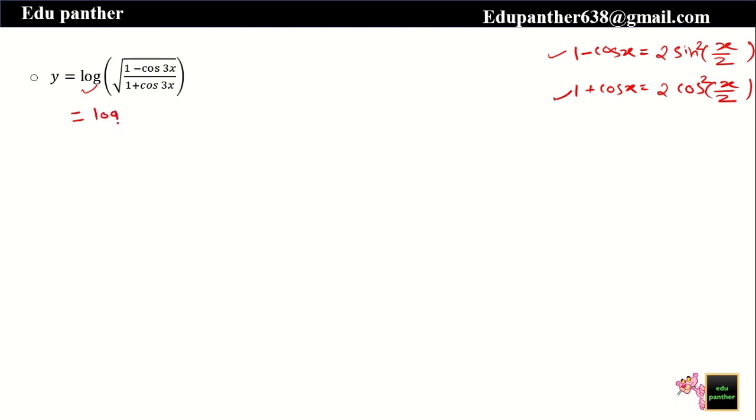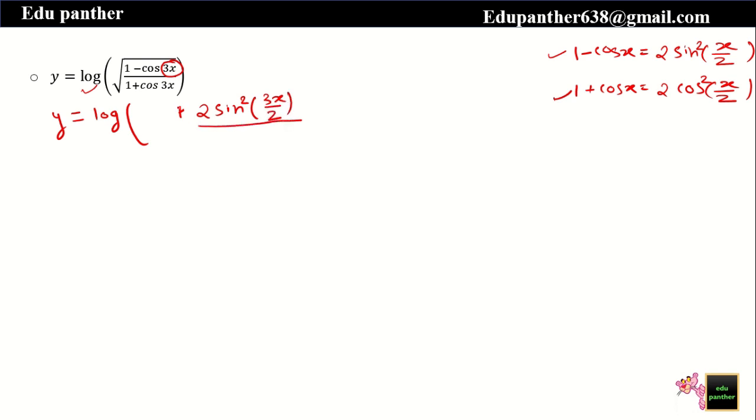So it will be log of, so 1 minus cos 3x will become, the formula is 2 times sine square, and then your formula is x by 2, but in place of x we have 3x, so it will be 3x by 2.